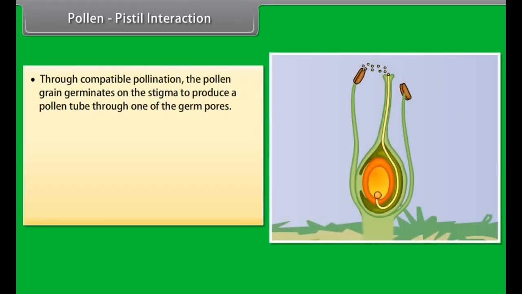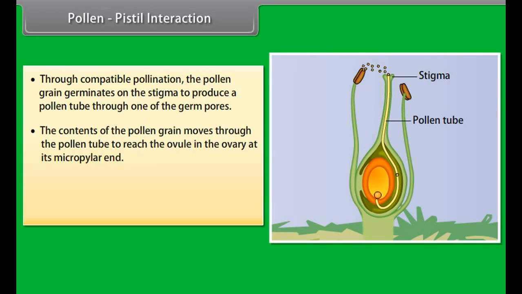Pollen-pistil interaction. Through compatible pollination, the pollen grain germinates on the stigma to produce a pollen tube through one of the germ pores. The contents of the pollen grain move through the pollen tube to reach the ovule in the ovary at its micropylar end. Pollen tube then enters one of the synergids through the filiform apparatus. Double fertilization.